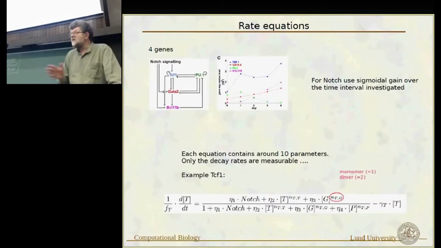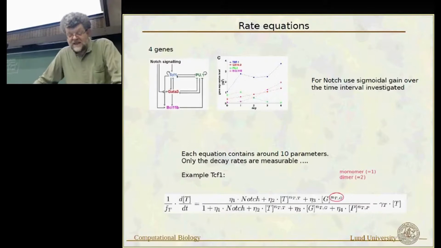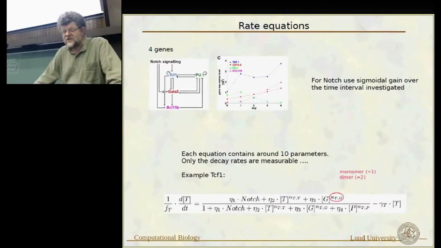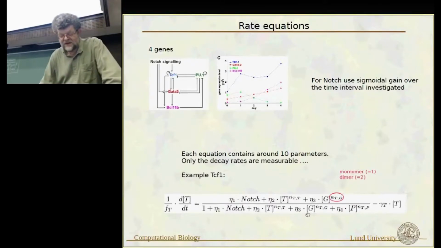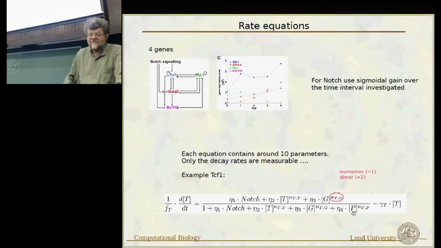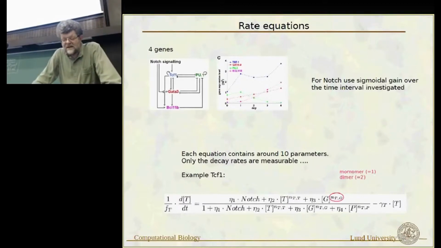For those of you who don't like math, forget it. So this is how, for example, TCF11B is supposed to vary as a function of, as one example, itself, of GATA3, and then it's suppressed by PU.1. But you see, I put exponents here too.